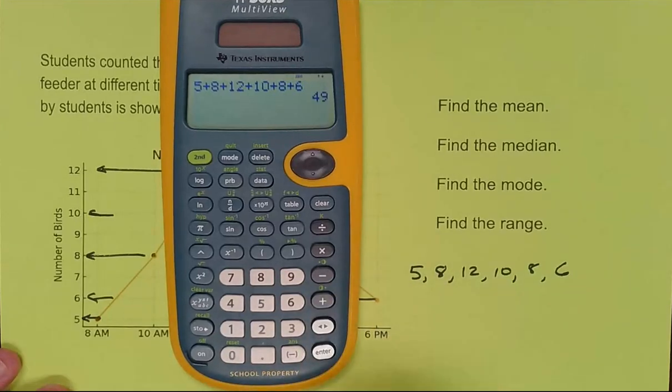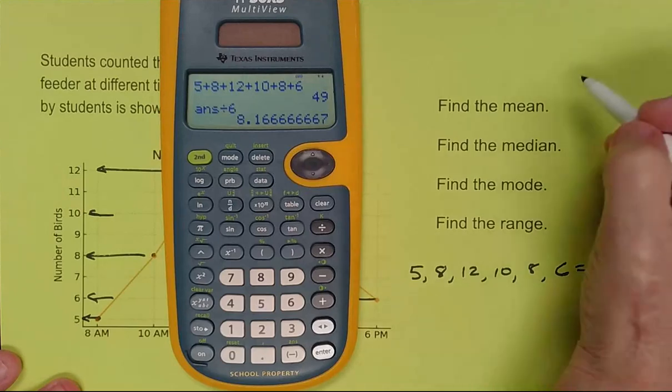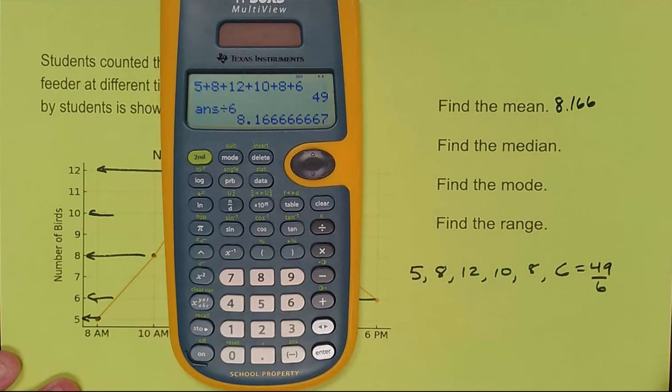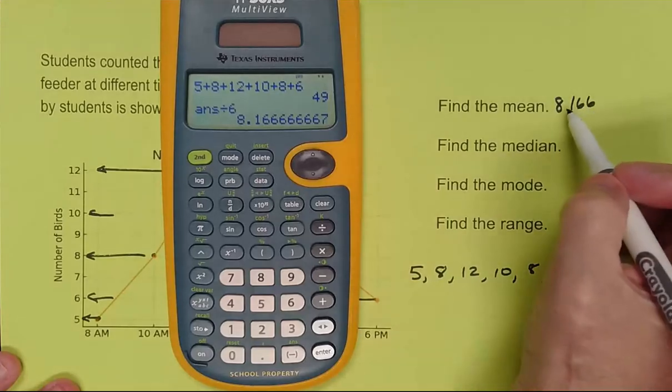I get 49 for the sum, and we'll divide that by 6 numbers. That gives me 8.166666. And the next question that always comes up is, what do I need to round to?